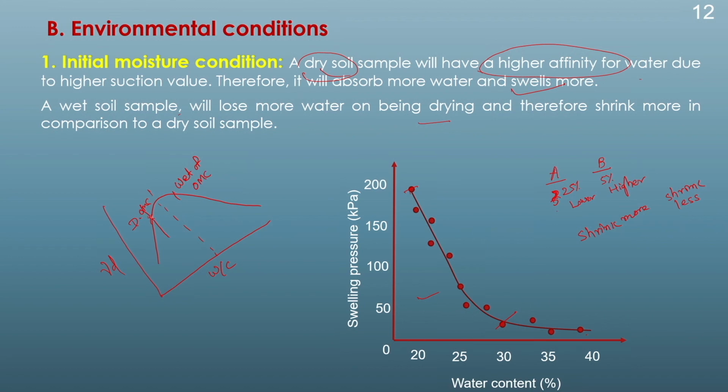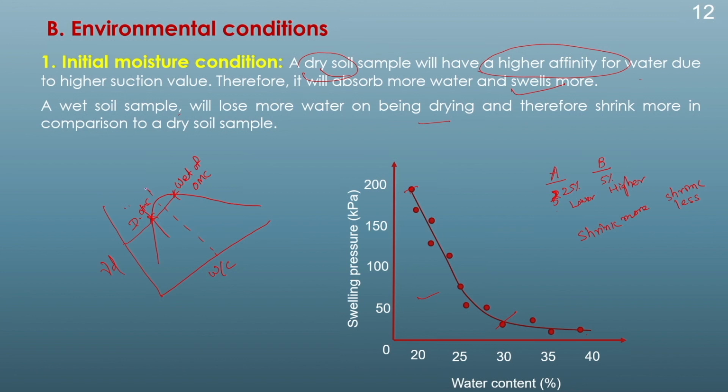If we compact a soil at dry of OMC and another soil at wet of OMC keeping the dry density constant, in that case the soil compacted on the dry of OMC will swell to a higher value in comparison to the wet of OMC.